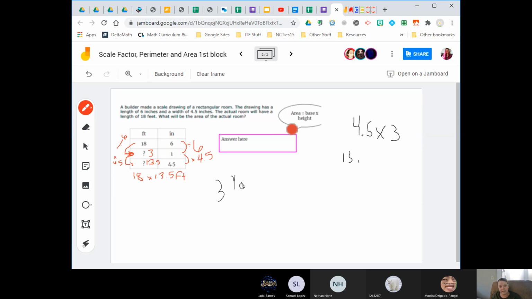Up here it tells me to find the area. We're going to do base times height. So 18 times 13.5 will give me this answer right here. And whenever I do that operation, 18 times 13.5, what do I get?